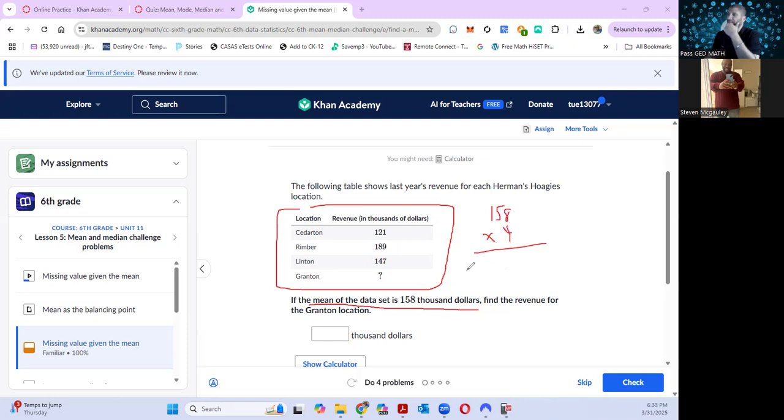Throw that in your calculator. 158 times 4. 632. So remember, we added them up, found a total, and divided by how many there are to find the mean. Since we have the mean, we have to go opposite. We multiply and then we subtract. So take 632 and subtract 121.